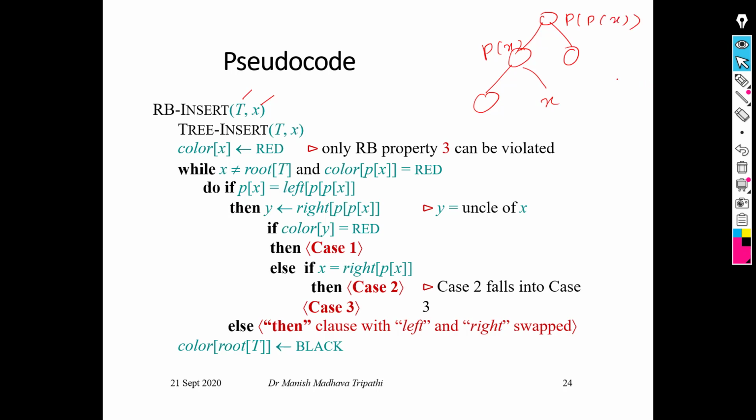This node is the right child of the parent of x, so we can write this node as parent of x, and it is the right child. Therefore, the right child will be defined as the uncle. The uncle is the right child of the grandparent.